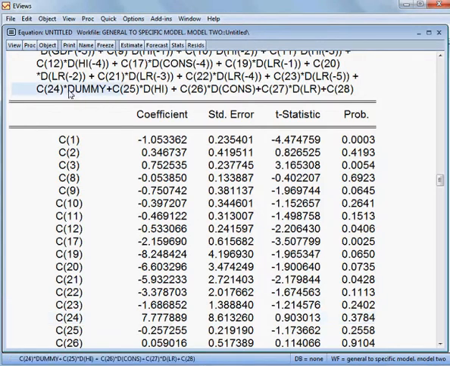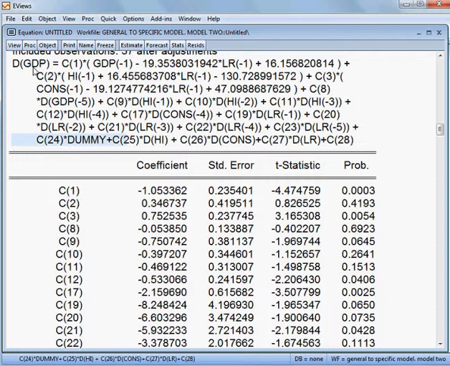C24 actually is the dummy variable. You can see from here, dummy variable, that is C24. Okay, and it is not significant. What does it mean? C24 is not significant. It means that the financial crisis could not affect our economy, or the financial crisis has no effect on the GDP.